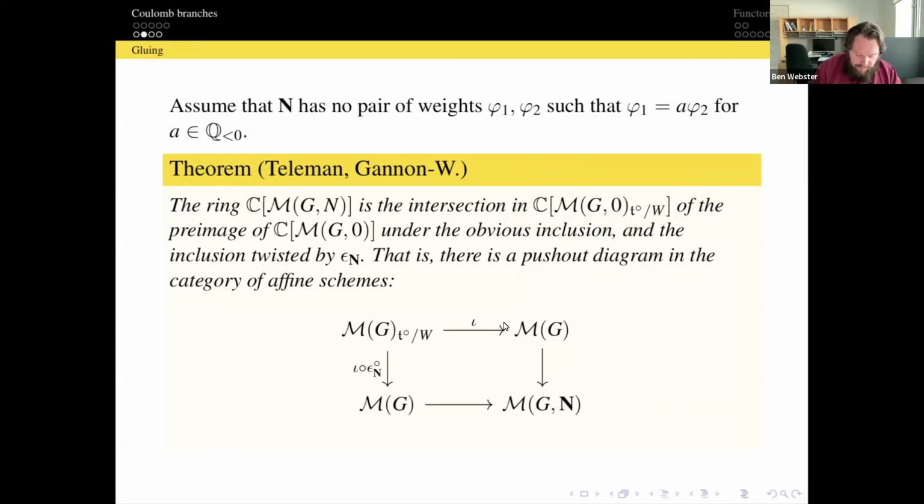And this intersection, I'm going to look at 2 copies of the function ring of M of G0. So one copy is, this is an open subspace inside M of G0. I can restrict functions on M of G0. That's the obvious inclusion. And then the other copy is I twist that inclusion by this automorphism. So I can restrict, and then on this guy, I have an automorphism that comes from multiplying by this section epsilon I wrote.